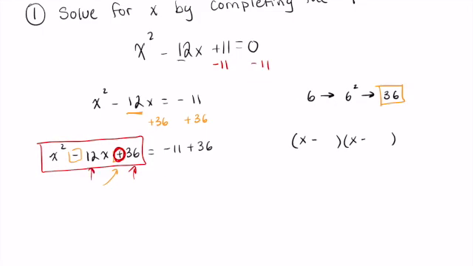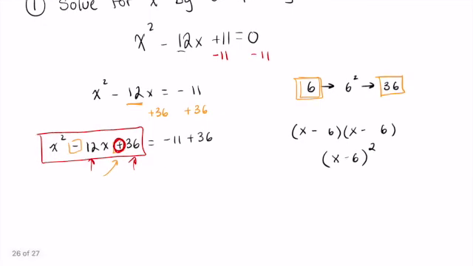Here's the trick, the cheat. Whatever our b term was, half of that is the number that will work within our factors. And when I have 2 factors next to each other that are the exact same, we can say that it is squared.